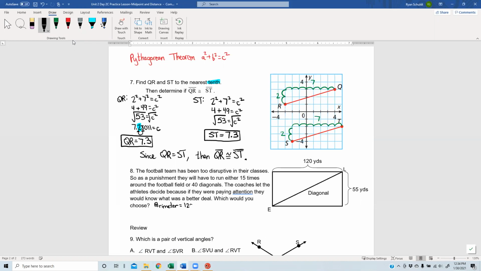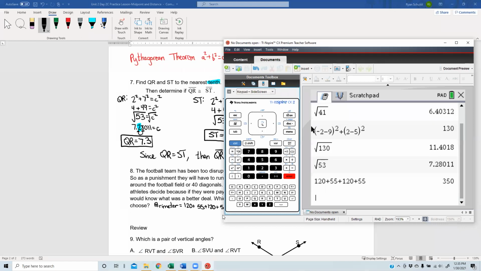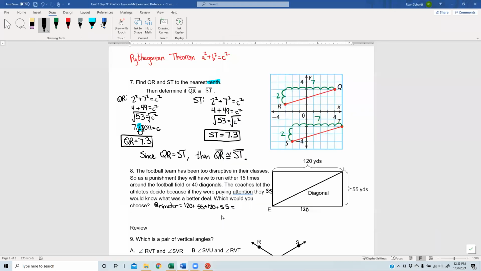So that's going to be 120 plus 55, plus 120 plus 55. It's going to be 350 yards. Okay.